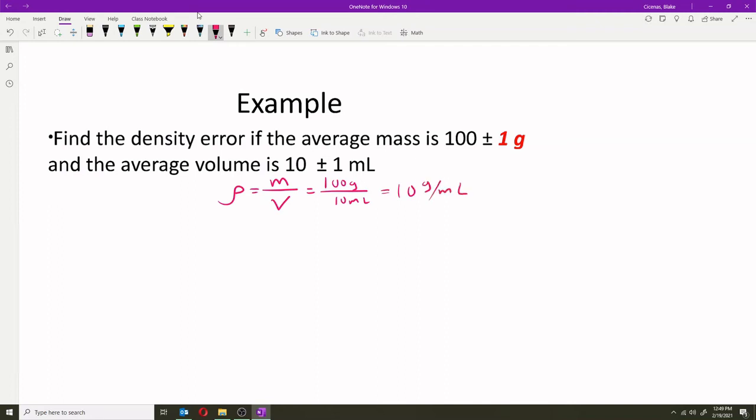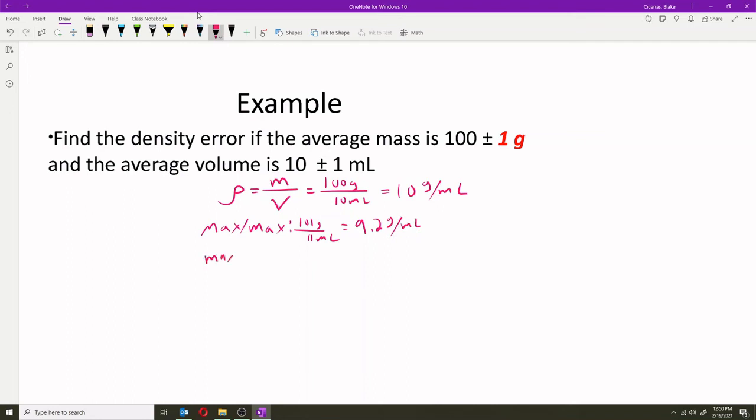And then I have to do max. So the max mass, that would be 101 grams divided by 11 milliliters. I don't think I can do this one in my head. No, I can't. 9.18. We're just going to say 9.2. So that'll be 9.2 grams per milliliter.